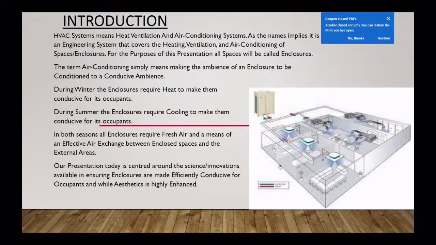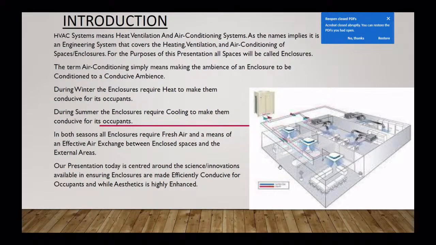We are discussing the ability of installing systems that make your enclosures conducive for you to exist in. So in the winter time, you have heating requirements to make the place conducive. In the summertime, you have cooling requirements to make the enclosure conducive.